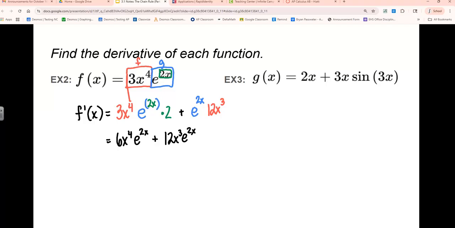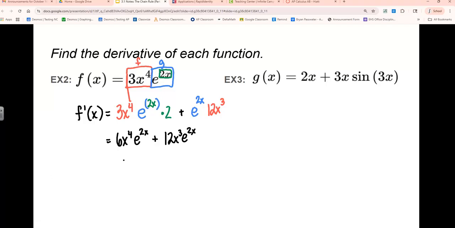How are we doing there? Okay, they might stop here. What else could you do if you wanted? You can factor out more than 1x. You can take out a 6x to the 3rd. What else could you take out? E to the 2x.